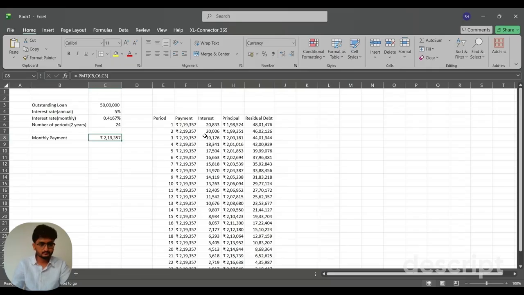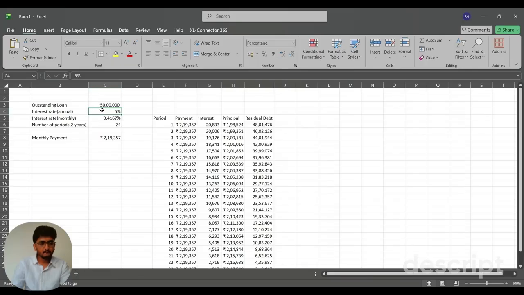Okay, first the basic loan details. The principal amount is 50 lakh rupees, and the annual interest rate is 5%.